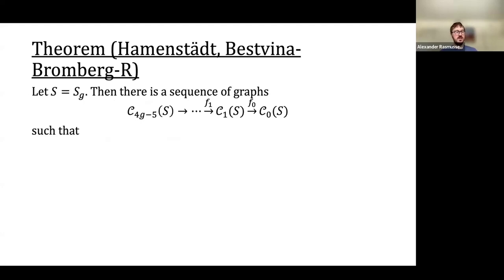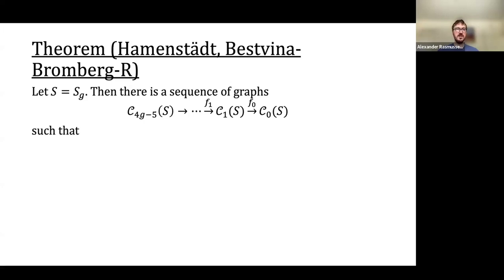Okay, so here's our main theorem. Again, this was first stated by Ursula Hamenstädt and proved by Bestvina, Bromberg, and me. So this is taking the curve graph apart into quasi-trees.